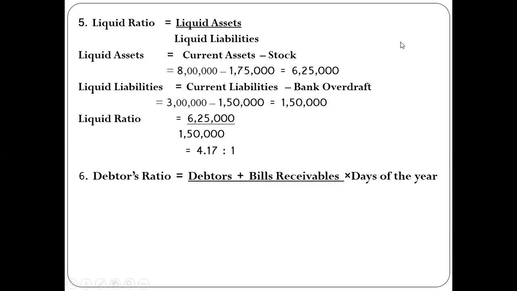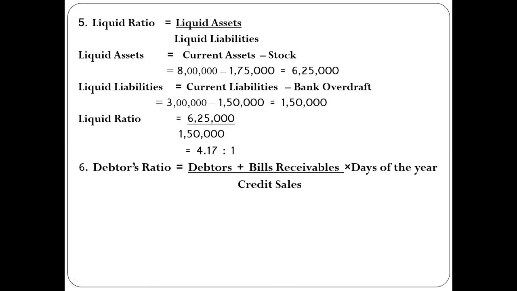Okay. The next formula is debtors ratio. Debtors ratio is equal to debtors plus bills receivable divided by credit sales into days of the year. Now see, we have the total amount of 15 lakh sales. Here it is mentioned in the sum that 40% sales is on the basis of cash.